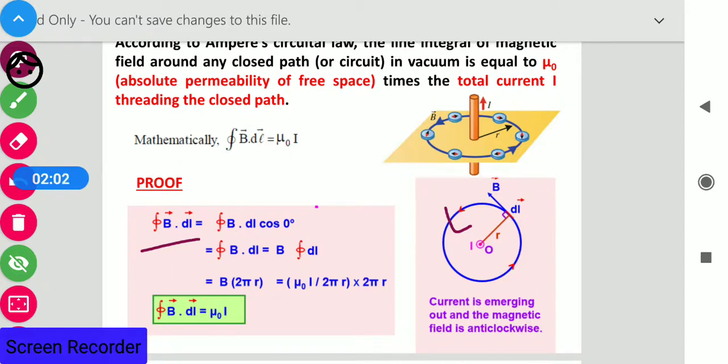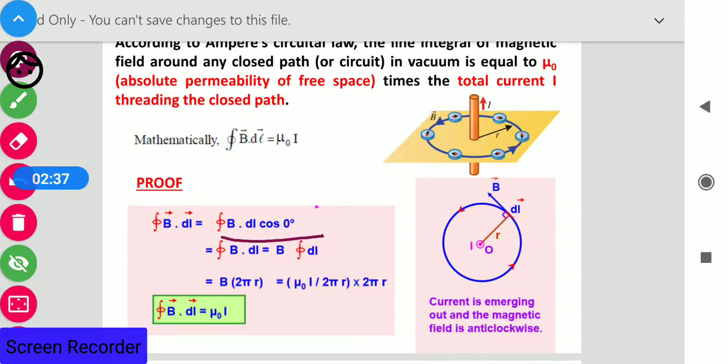At any point of this loop, the magnetic field will be in this direction, and the current element dl is also in the same direction, using the right hand thumb rule. So the angle between the magnetic field and dl is 0 degrees. This reduces to B dl cos 0.